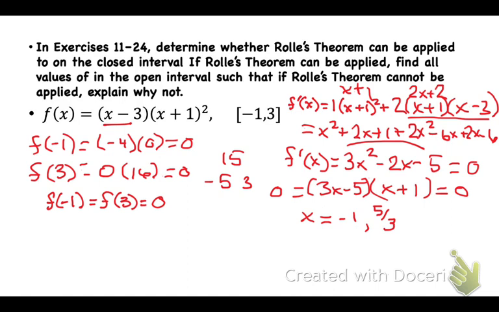Are both of those between negative 1 and 3? No. Negative 1 is negative 1, right? So it can't be negative 1, it has to be 5/3. So the critical number is 5/3.